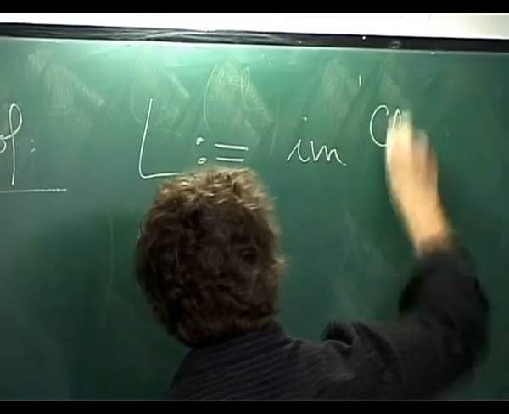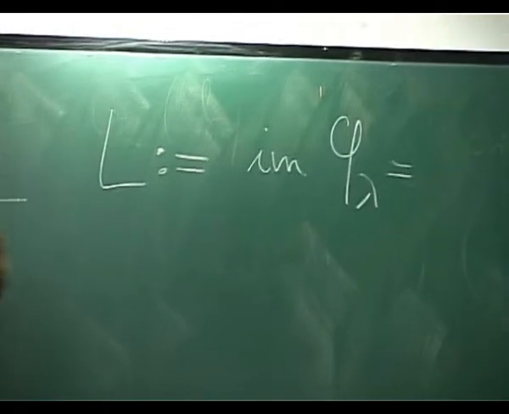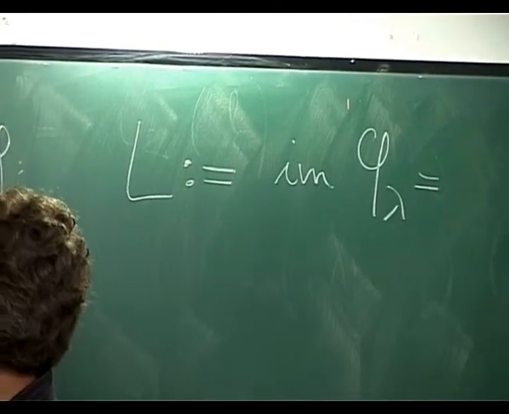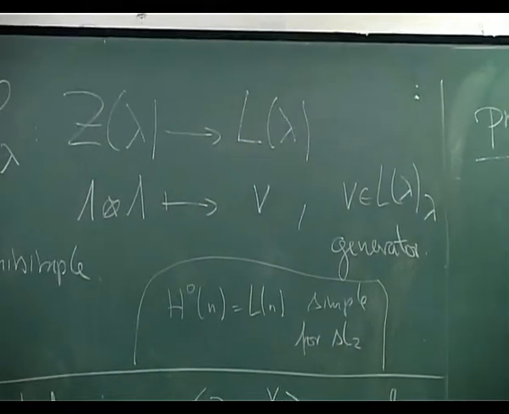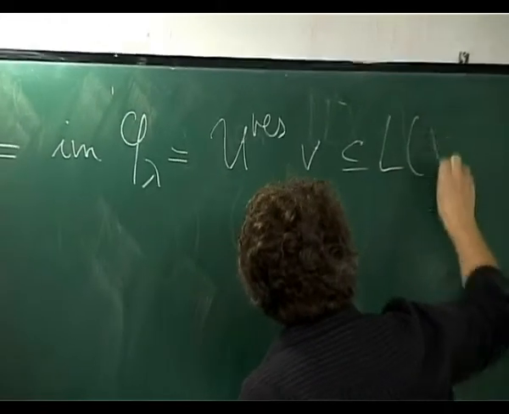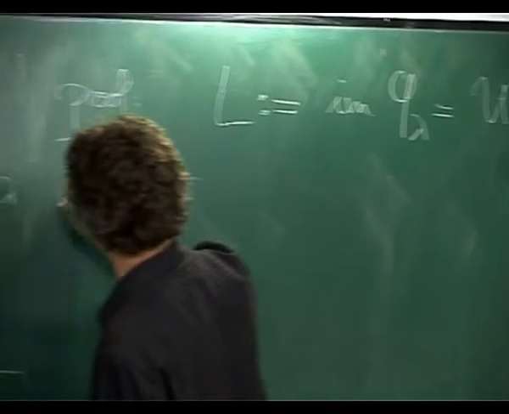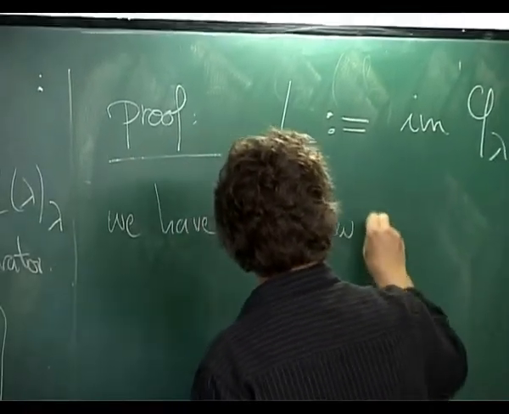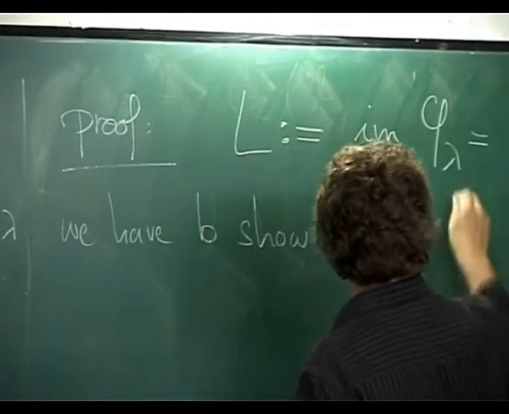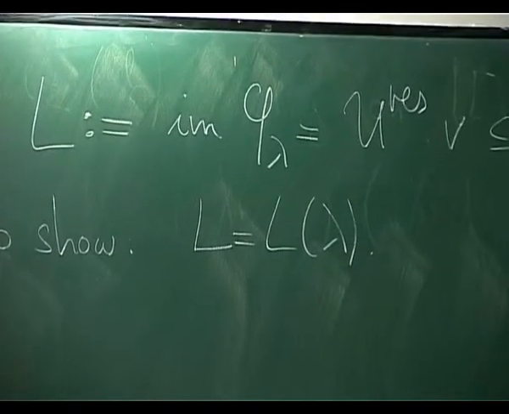The image of phi lambda must be the Lie algebra module generated by V. This is just U applied to V. This sits inside L lambda. And we have to show that this is everything.